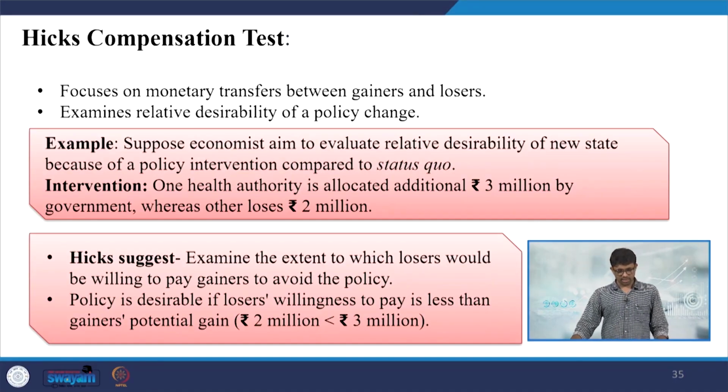If it is 2 million but 3 million is allocated, the policy is desirable if the losers' willingness to pay is less than the gainers' potential gain. So, when 2 million is given by the losers, the policy is still desirable. That is why the authority is allocated with an amount. Hence, an amount to be compensated should be equivalent, then only will there be justice between the two parties to have a best bundle. But till 3 million, I think the policy is considered to be desirable.